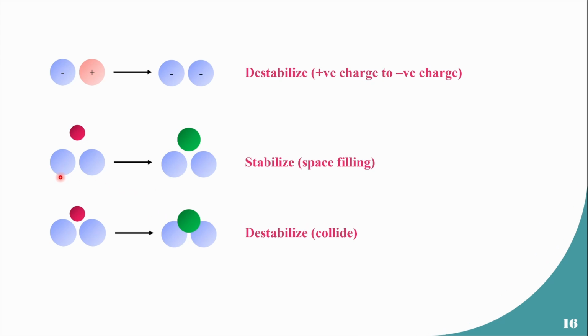However, if that structure was not tightly packed, but loosely packed in its natural form, then if this red one was mutated to a larger green residue, it could stabilize the structure, because the available space that was already there was getting filled up by this large, new green residue, right?